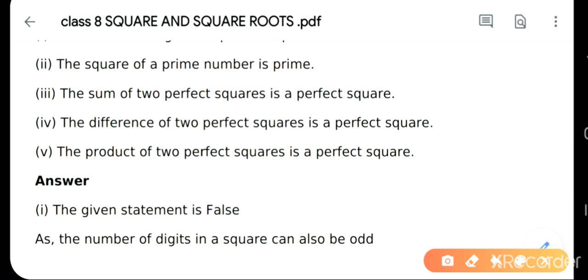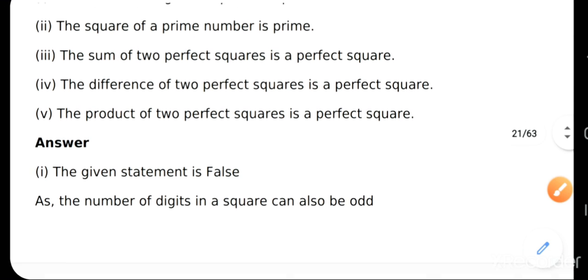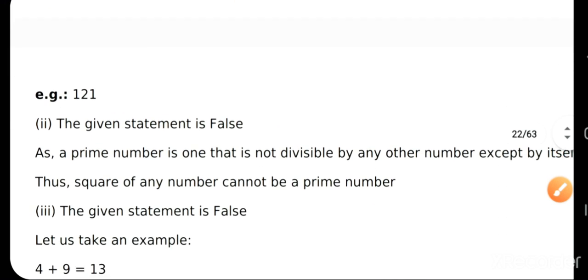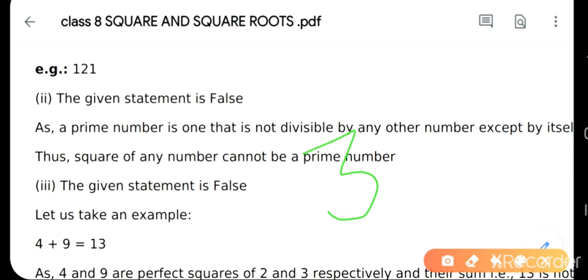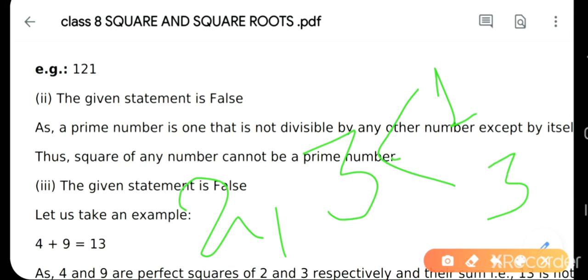Now let's come to the next question. The square of a prime number is prime. This is also false. Always remember, 3 is a prime number and 2 is also a prime number. Prime numbers will have just two factors, that is 1 and the number itself. It will not have any other factor.